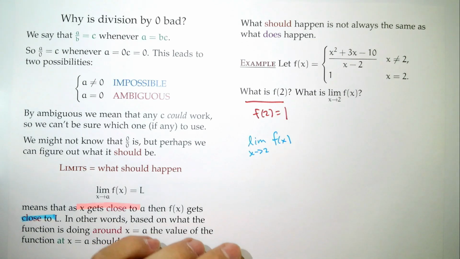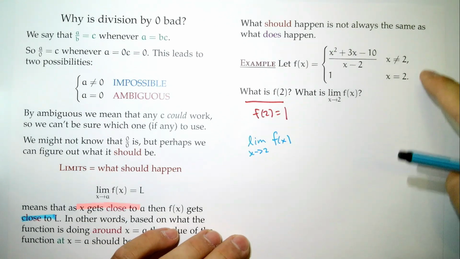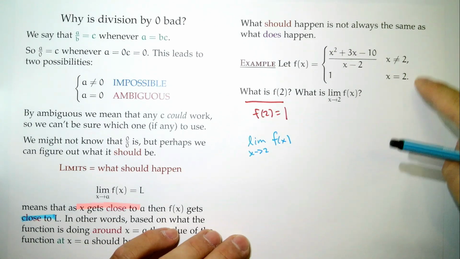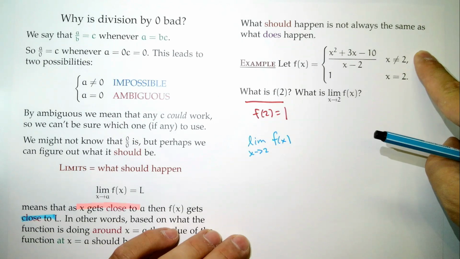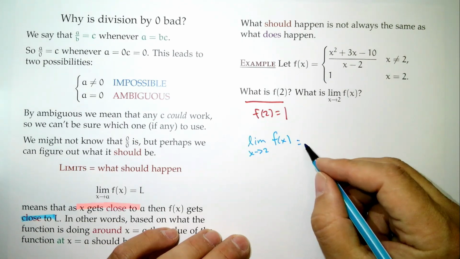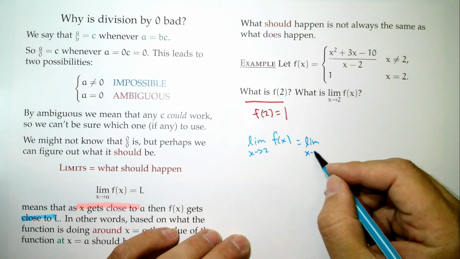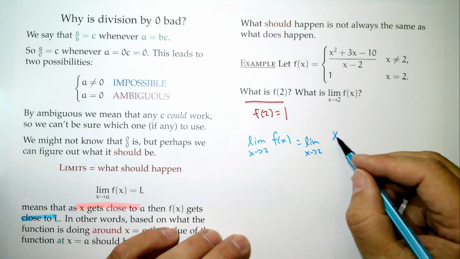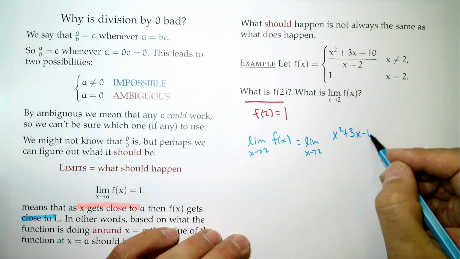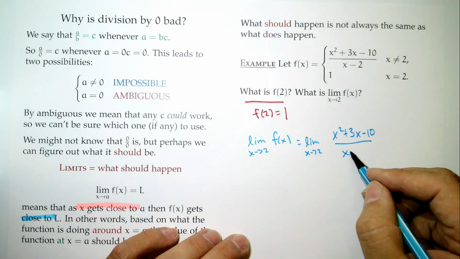So, if we're not at 2, which rule do we need to use? Yeah, the top one, the first one. So this becomes the limit as x approaches 2 of (x squared plus 3x minus 10) over (x minus 2).